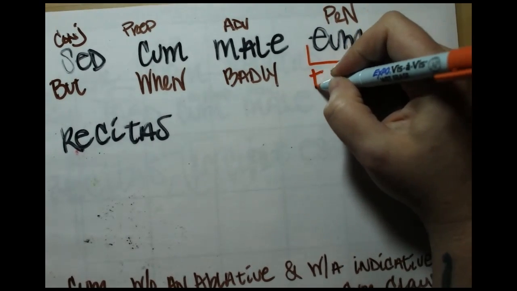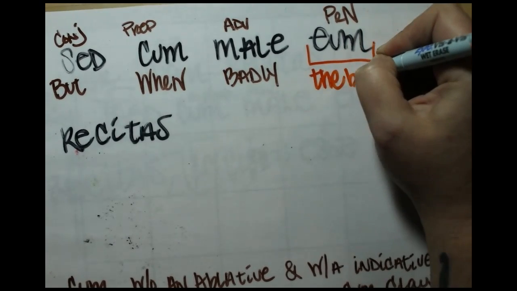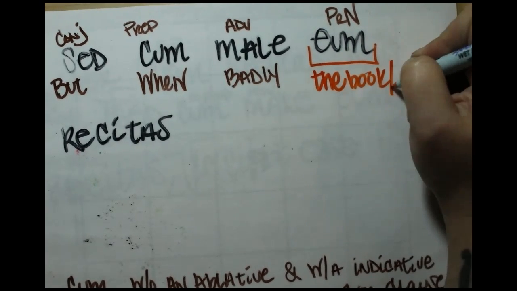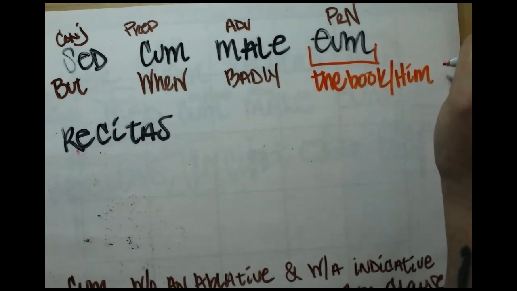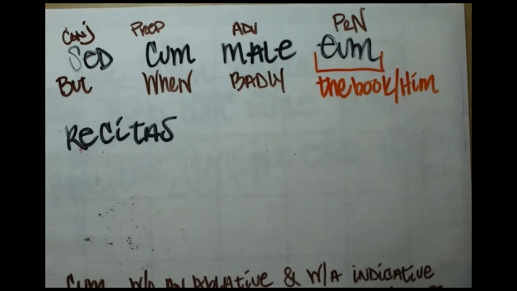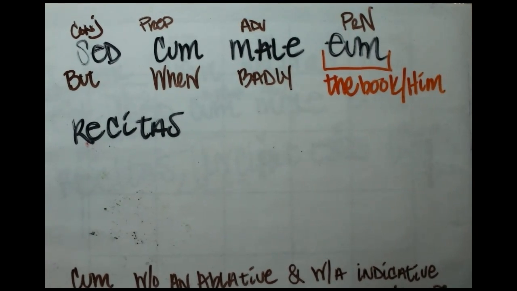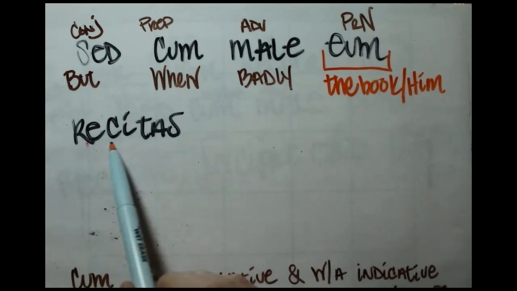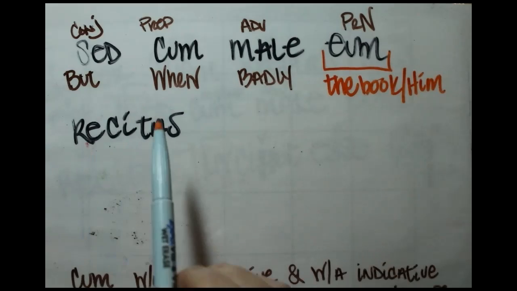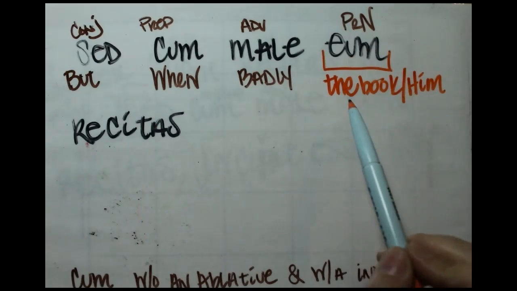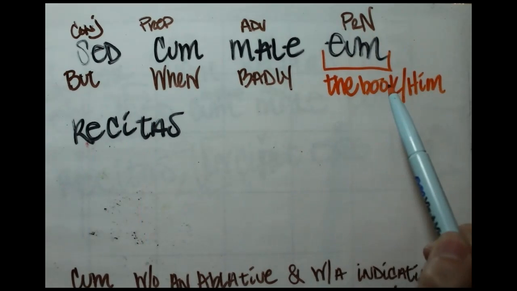So the book, you use a pronoun in Latin to refer back to it, where in English we would say it. Like if I was talking about the book, I would say, this book is mine, but when you read the book badly, or I would say it.